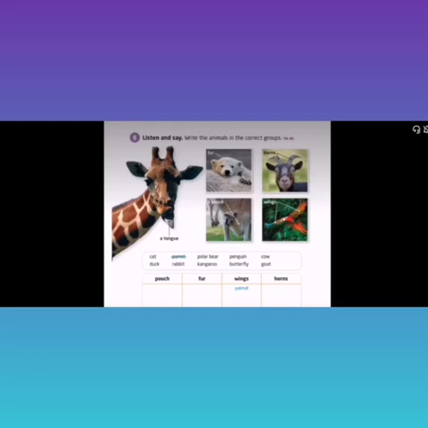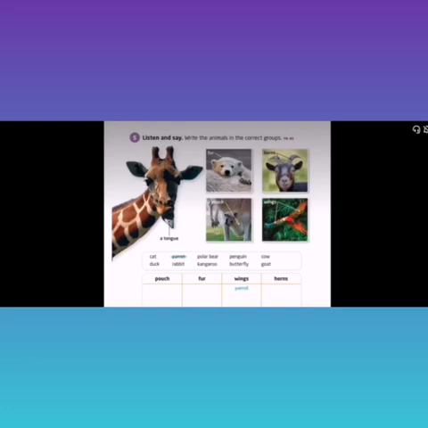Next, a goat has 2 horns. La cabra tiene 2 cuernos. A kangaroo has a pouch. El canguro tiene una bolsa. A parrot has colorful wings. El cotorro tiene alas coloridas.